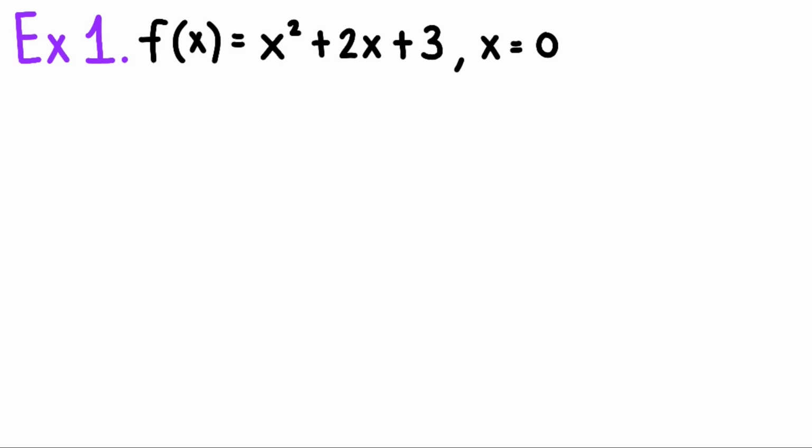So to check if this function is continuous at x equals 0, we'll just be using the three conditions that we had earlier, which I'll probably refer to in this video as the 3-step test in continuity. So for the first step, we check if f of 0 is defined.